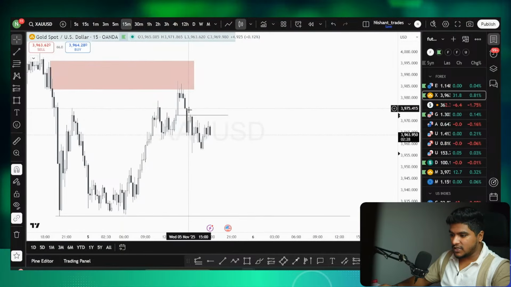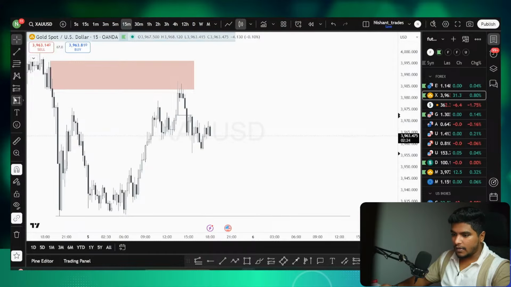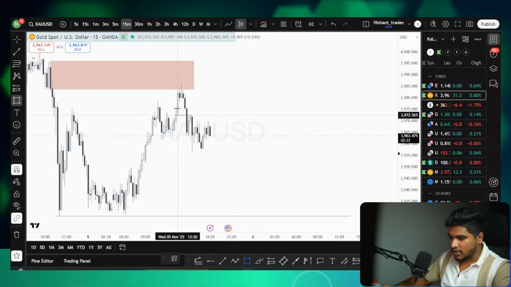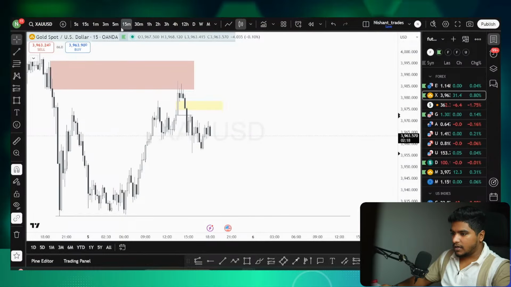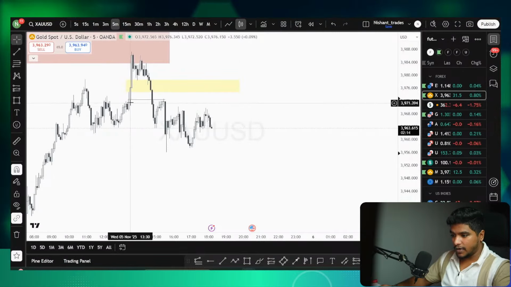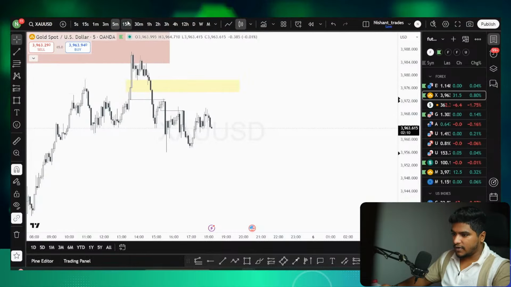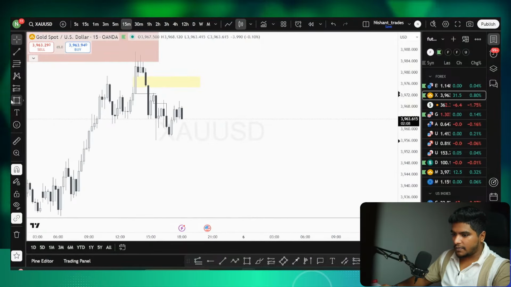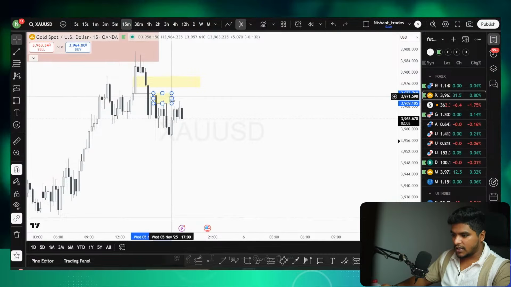My intentions were, if we get a sweep of this liquidity, I would actually love to enter in shorts. My focus was this inefficiency level. अगर यहाँ पे आता है और फिर structural shift देता है, then I will be continuing to look for shorts. But what happened recently is we got this supply area, right? Price has filled this supply, tested this supply, and we got the rejection.